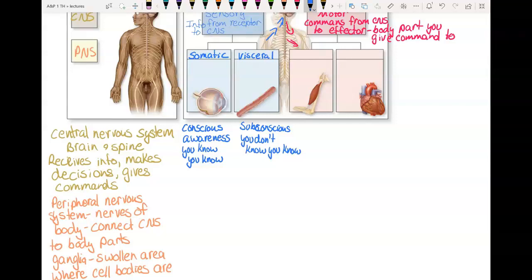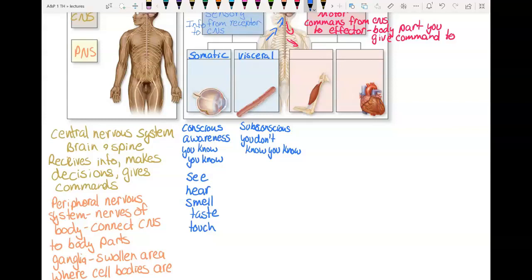Okay, for example, the stuff you know would be like seeing. You know what you see. Hearing, you can tell me what you hear. Smell, taste, and touch. Those are all things you are consciously aware of.